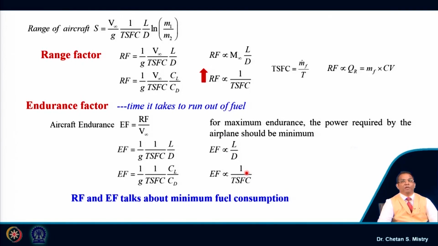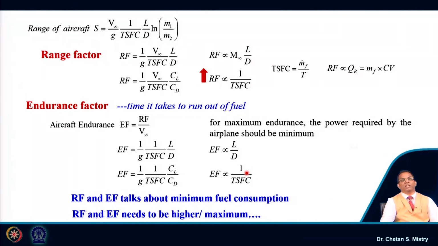We are looking for the endurance factor to be as high as possible. So, the basic requirement for the range factor and endurance factor to be higher is minimum fuel consumption, and as engineers we are always looking for them to be as high as possible.